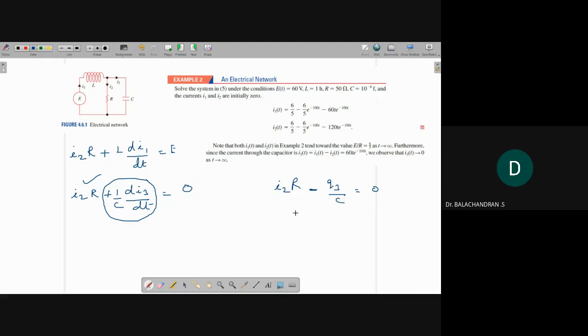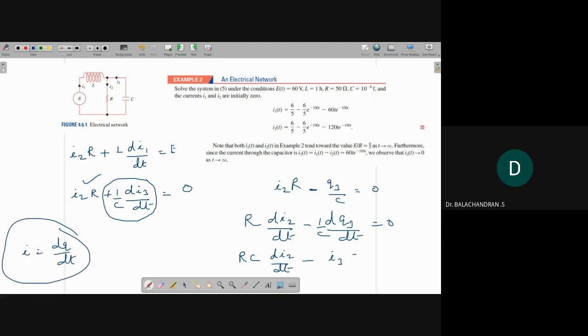Now if you differentiate this equation we get di2 by dt into R minus dq3 by dt into 1 by c equal to 0. Throughout multiply by c, we get RC into di2 by dt minus dq3 by dt is I3, because you know that I equal to dq by dt.